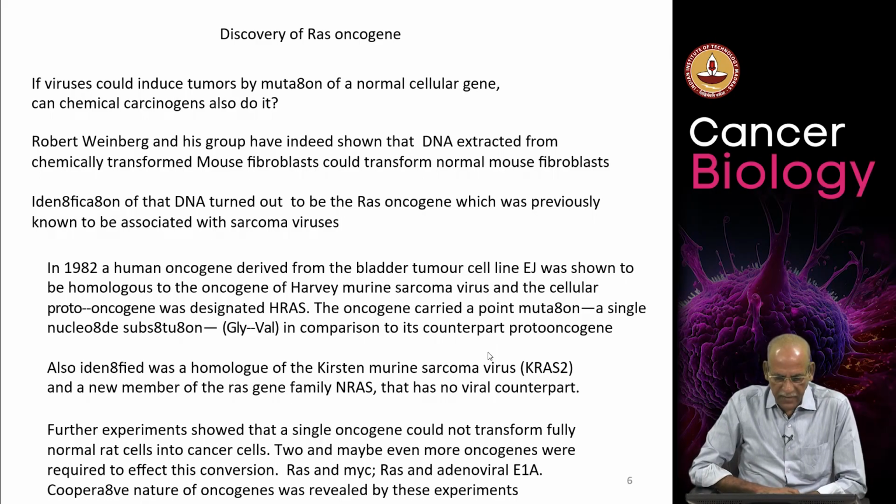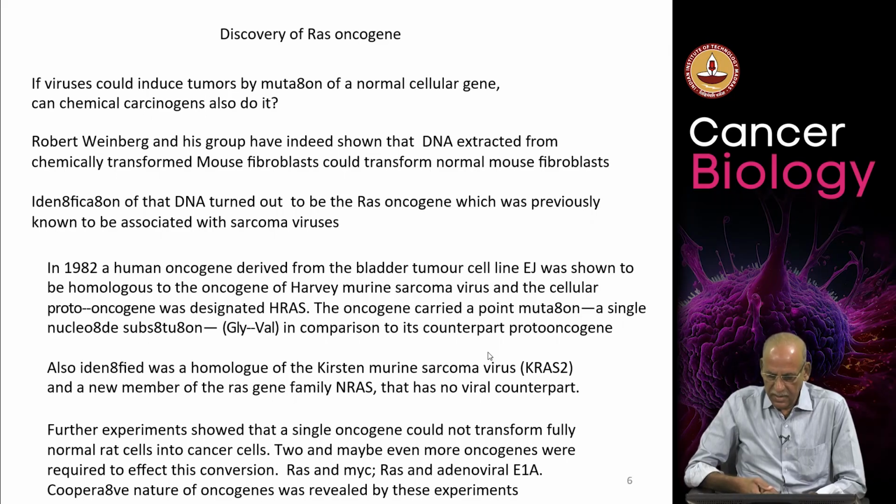They also identified another RAS, which is called Kirsten murine sarcoma virus, KRAS, and this is a new member of the RAS gene family, which had NRAS, that has no viral counterpart.